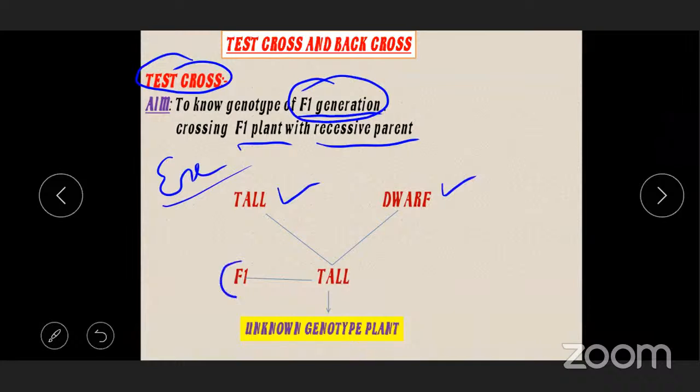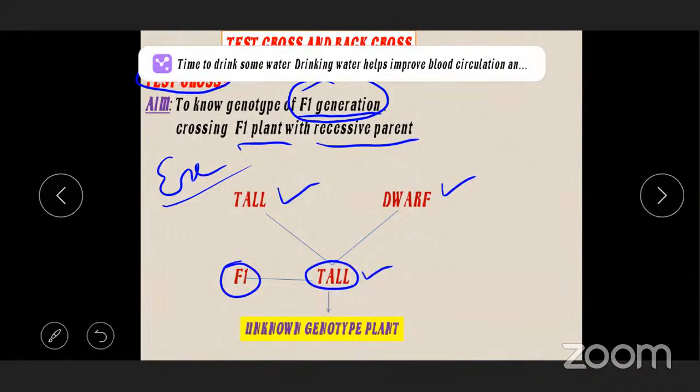So in the F1 generation, all tall plants will be produced. We know the phenotype of the F1 generation. The phenotype is tall. So if the tall plant is crossed with the dwarf pea plant, in the F1 generation all tall plants will be produced.